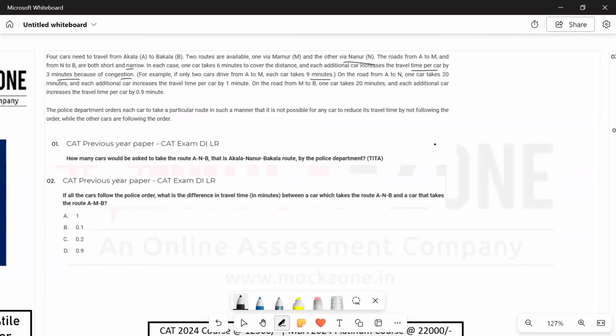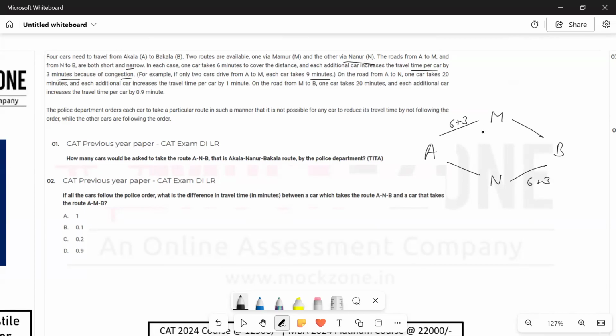So we know that to travel from A to B, we have two ways. One is through M and the other is through N. The A to M and the N to B are the short and narrow distance. If only one car travels on them, it takes 6 minutes, and it takes plus 3 minutes for each additional car.